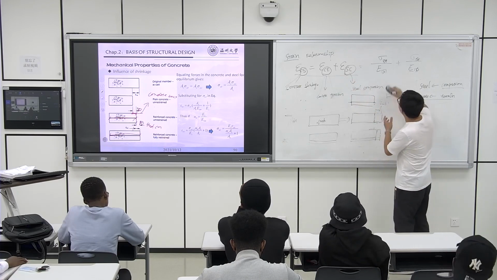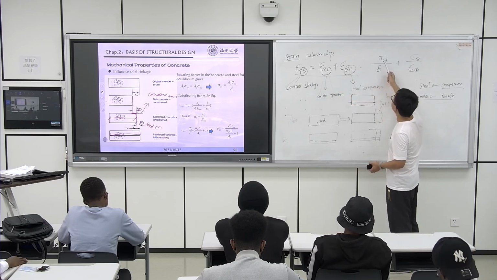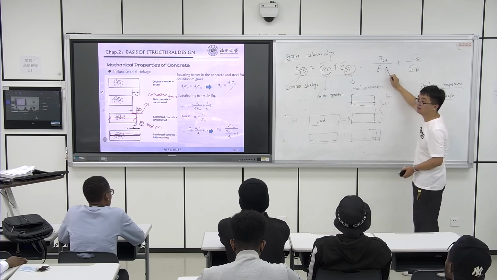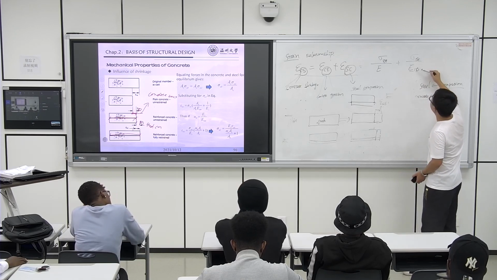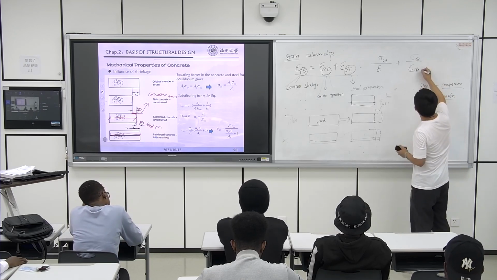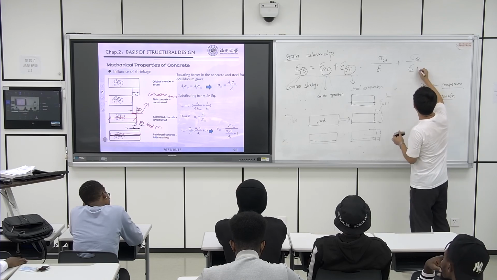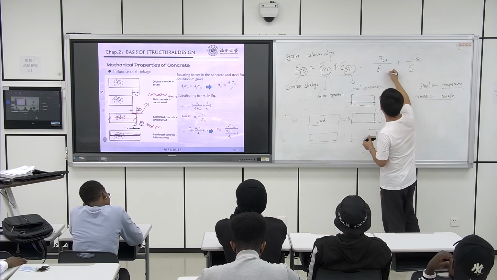And for here, we can obtain, this is the stress, right? Stress divided by the modulus, and this is the stress. This is the steel modulus, the steel bars modulus. This is the concrete modulus, right?